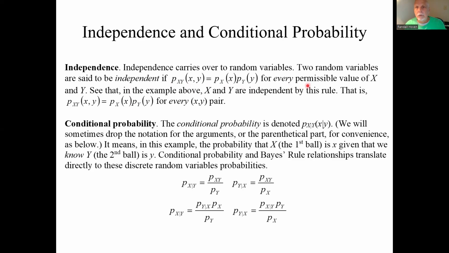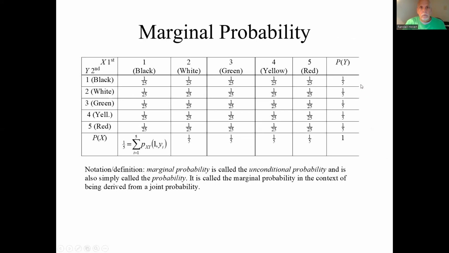And that has to be true for every permissible value of x and y. If you look at this, it is true for every value. The P of x and P of y are 1/5 in every case. Multiply them together and you get 1/25 in every case. It holds in every single case. So this X and Y are independent.